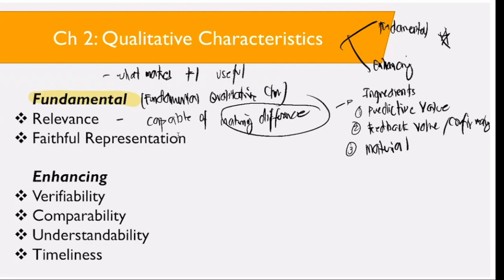So when we say predictive value, you are capable of predicting the items that can happen out of that particular transaction or event. For example, you have here an investment in stock. Do you know what an investment in stock is? You purchase shares of stock of a particular company. So let's say you invested in San Miguel Corporation.